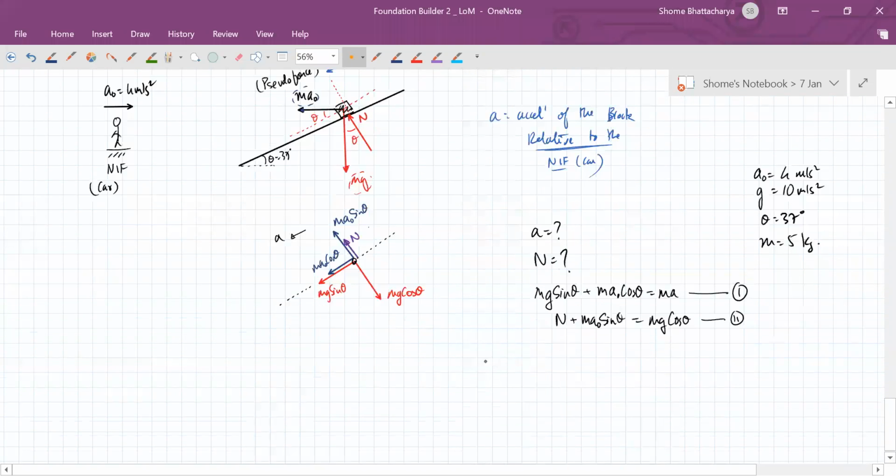So from equation 1, you'll get a is equal to g sine theta plus a naught cos theta. So substitute the values. So 10 into 3 by 5, sine 37, plus 4 into 4 by 5, cos 37. So that is 6 plus 16 by 5, which is 7.2.